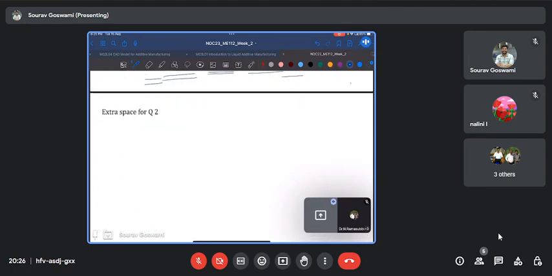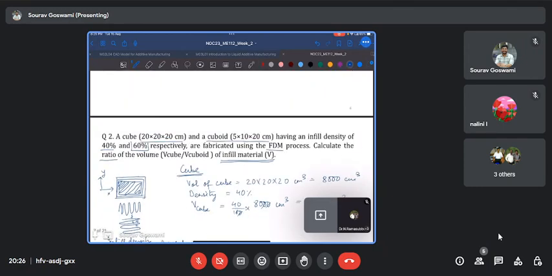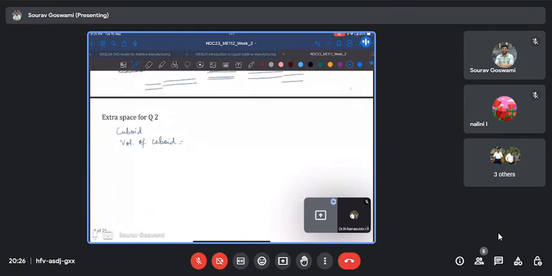Similarly, I calculate this for the cuboid. So the total volume or the nominal volume of the cuboid, 5 into 10 into 20. This is 200 into 5 is 1,000 centimeter cube.